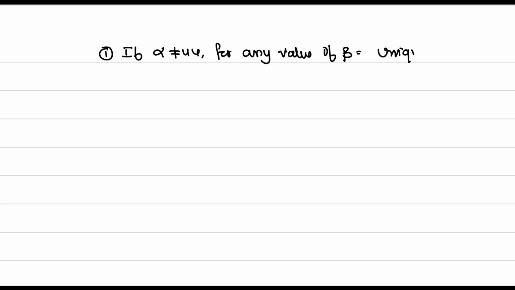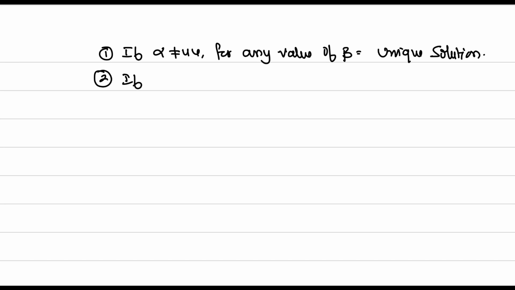Ultimately, what we have got as an answer: if alpha is not equal to 44, for any value of beta, the system has a unique solution.